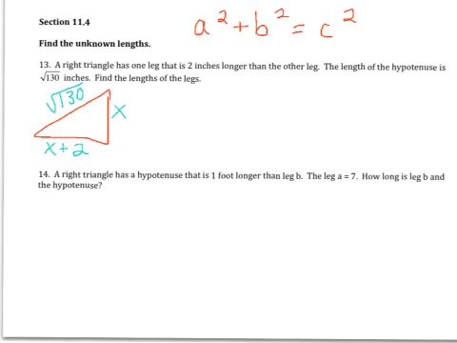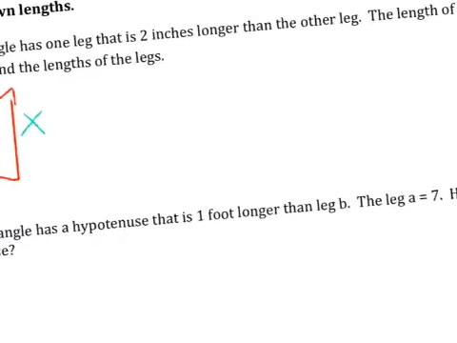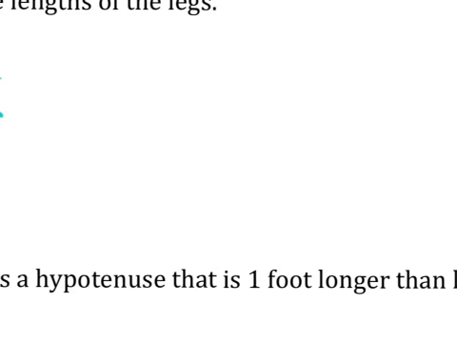So zoom in a little here so we have some room to work. I'm going to plug x in for a squared. And for b squared, I'm going to use parentheses to plug in x plus 2. And then I'm going to plug in the square root of 130.